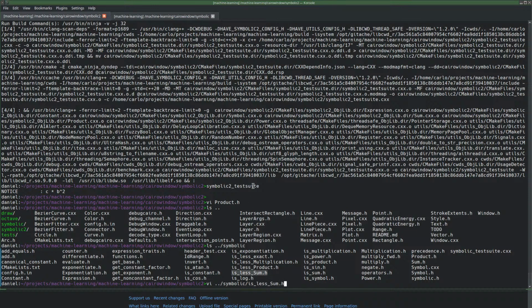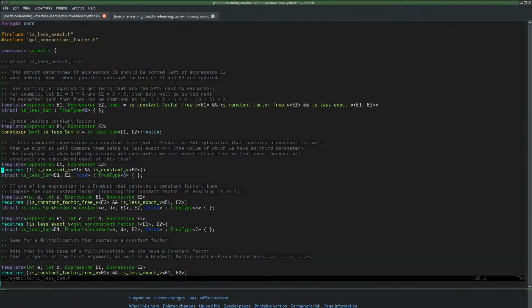We have an is less sum. That would be what we have to do when it is a sum. Yeah, yes, yes, yes. No, decode this.